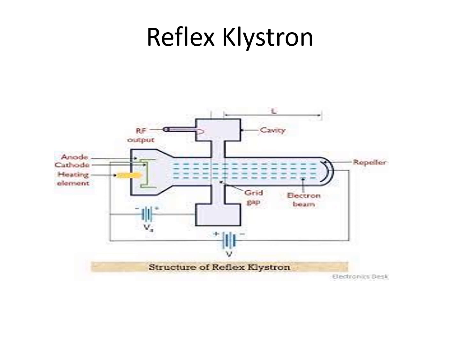Working of the reflex klystron. Consider three electrons: early electron, reference electron and the late electron at the starting point of the gap from the repeller side. The electron gun emits electron beam towards the anode cavity. The electrons, after passing the gap in the cavity, travel towards a repeller electrode which is at high negative potential.